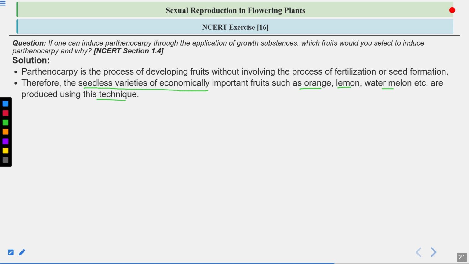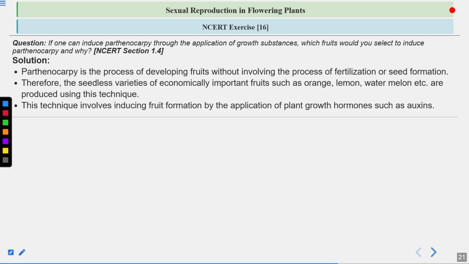So therefore, the seedless varieties of economically important fruits such as oranges, lemon, watermelon, etc. are produced using this technique. So these are some examples of fruits in which the parthenocarpy technique could be adapted, and you can get seedless fruit.